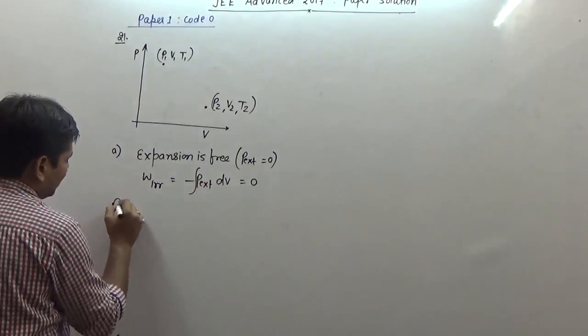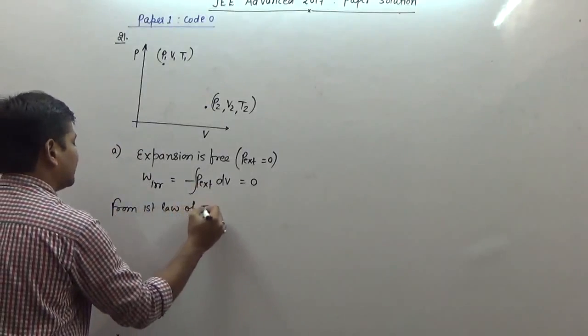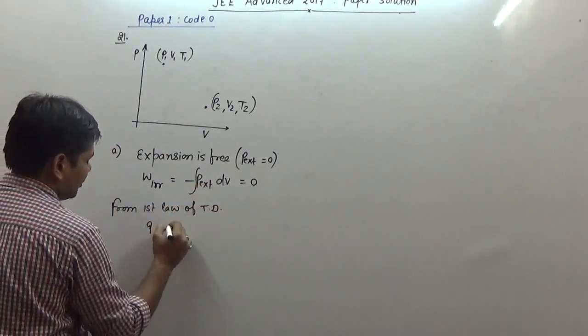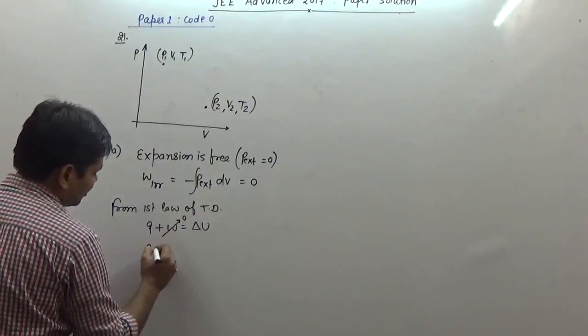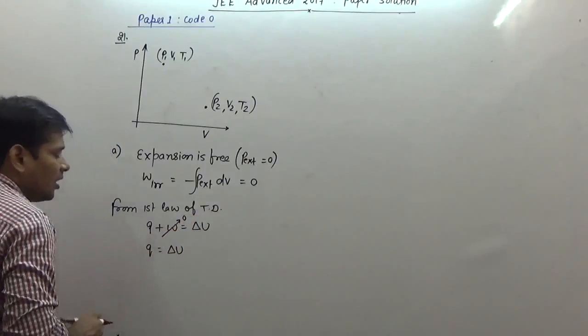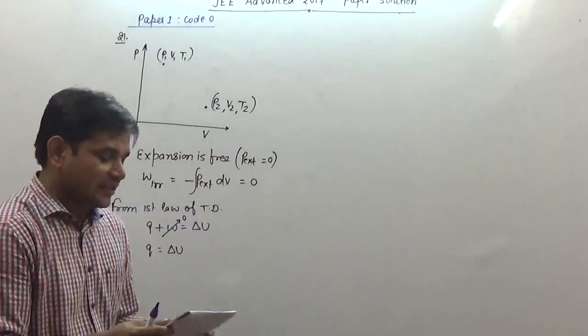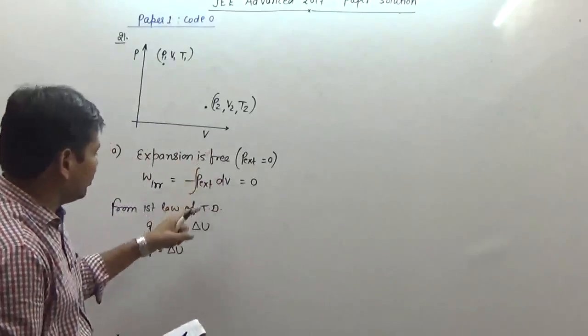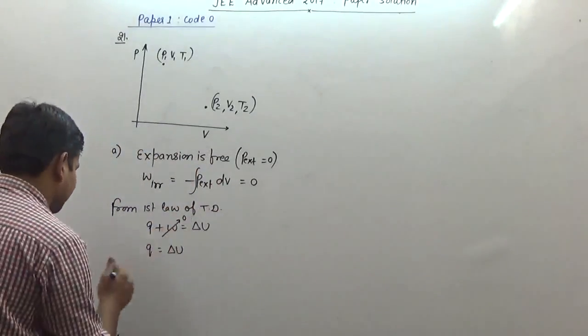So from the first law of thermodynamics, you must be knowing that Q plus W is equal to delta U, and since we have W equal to 0, Q is equal to delta U. Now the option is telling that if expansion is carried out freely, where we have done W equal to 0, it is simultaneously isothermal as well as adiabatic.